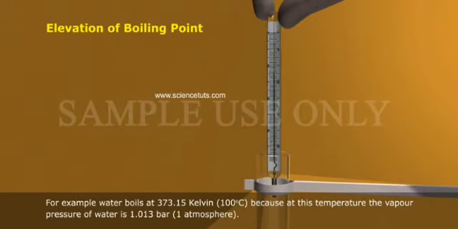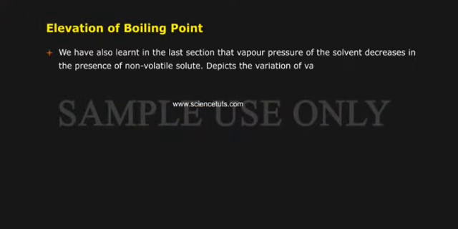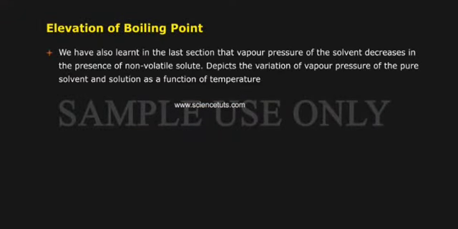For example, water boils at 373.15 Kelvin, equivalent to 100 degrees centigrade, because at this temperature the vapor pressure of water is 1.013 bar, 1 atmosphere. We have also learnt in the last section that vapor pressure of the solvent decreases in the presence of a non-volatile solute.